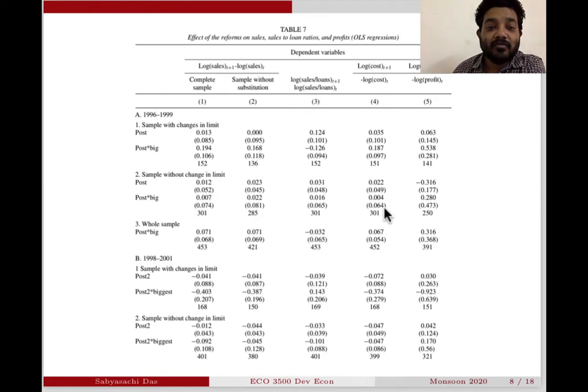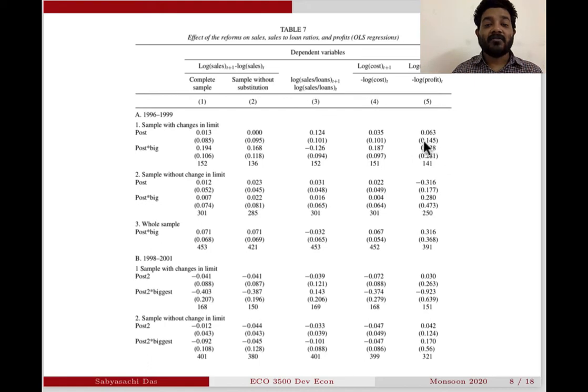And then if you look at cost and profit growth, you see similar results. You see a substantial increase in cost as well, because these firms are supposedly expanding their business, so their cost of production is going to go up. Sorry, everything is in growth, so cost growth increases by 18.7 percentage points.